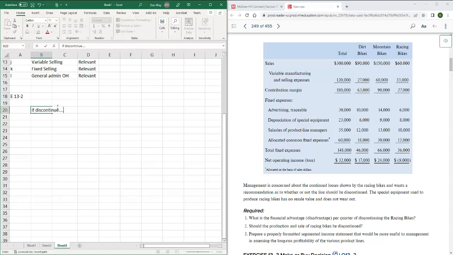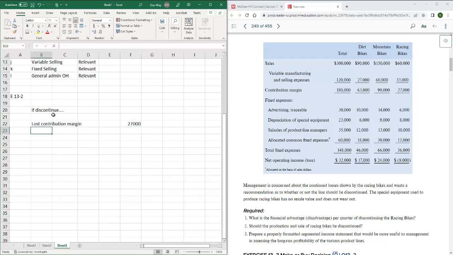The first thing that's going to happen is we're going to have some lost contribution margin from sales of the racing bikes. That looks like it's $27,000 contribution margin for the racing bikes.